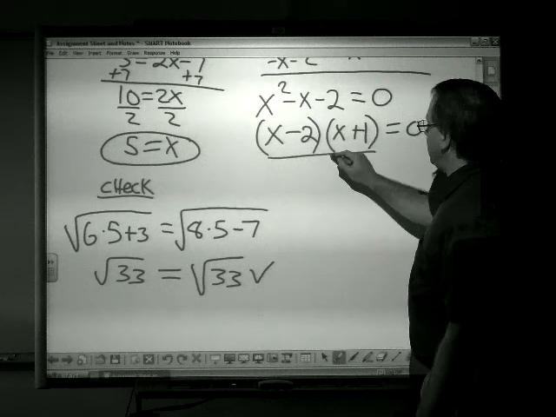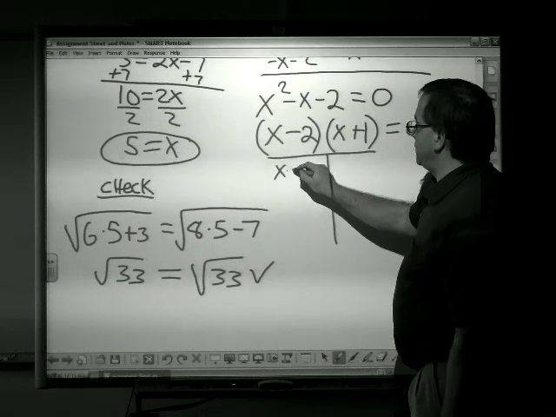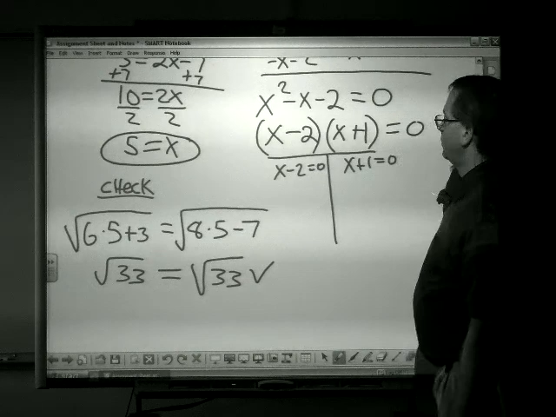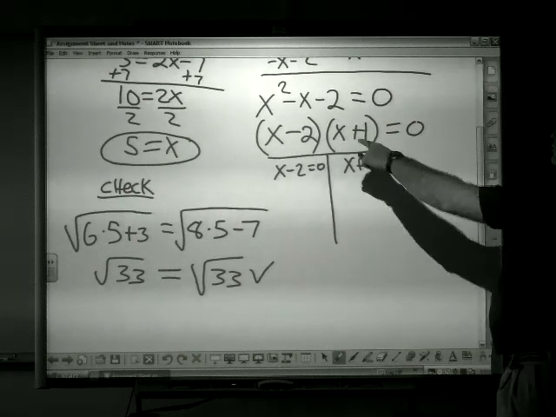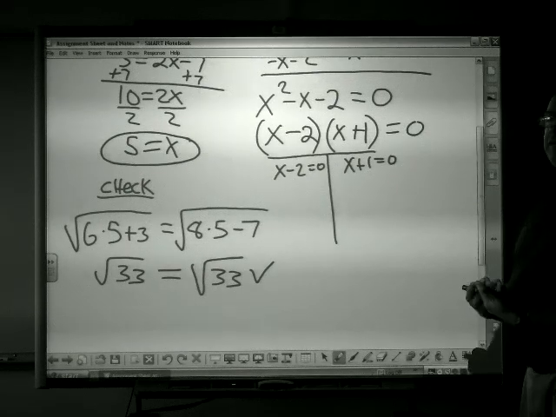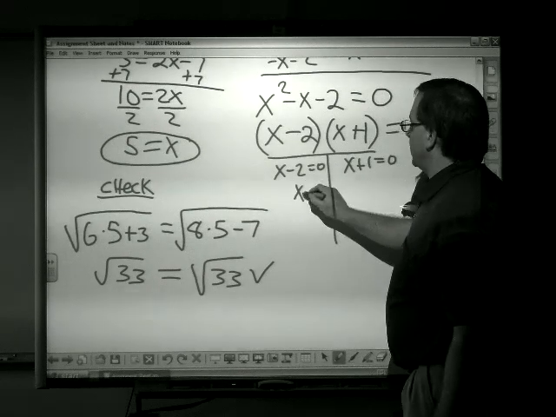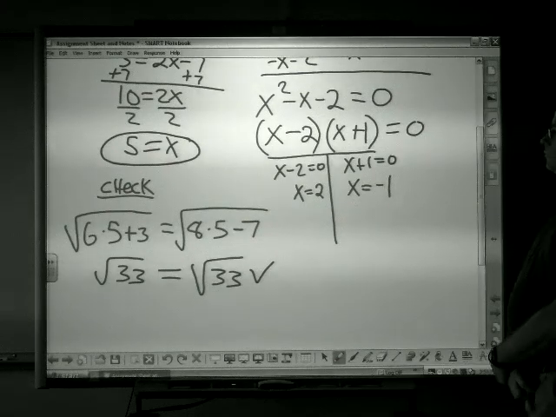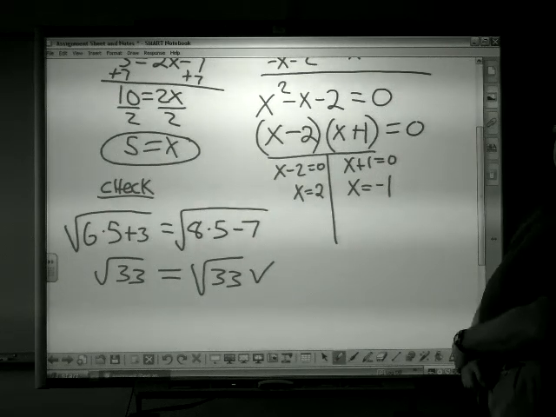Then I make my t and set each equal to 0. So don't forget, it still has to stay equal to 0. It's an equation. We're solving for something. So here, x equals 2 and x equals negative 1. I'm not going to box them in until I do my check.